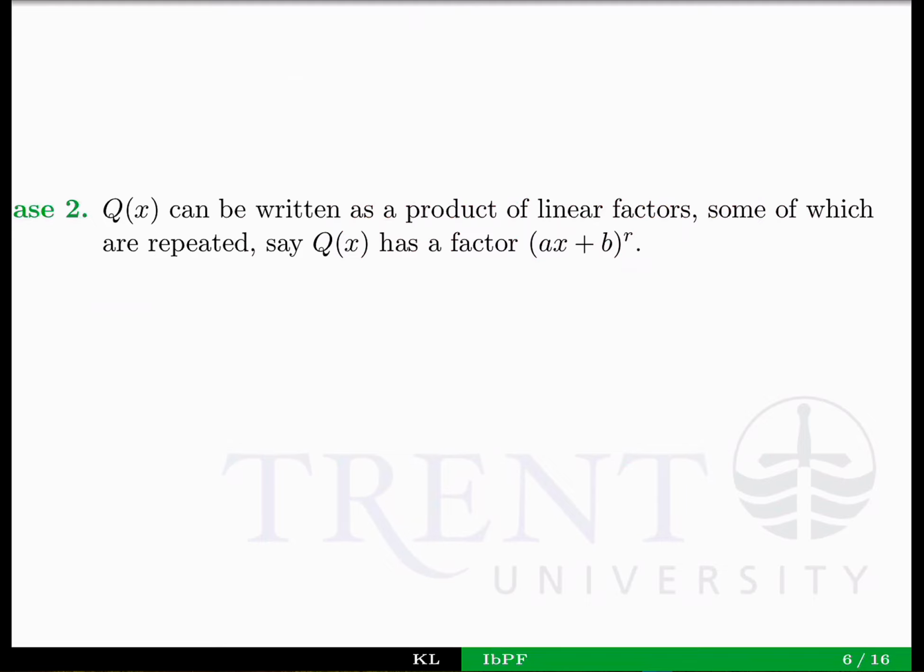Case number 2. If your q of x can be written as a product of linear factors, but some factors are repeated, meaning some factors are actually ax plus b to the power r for some r.